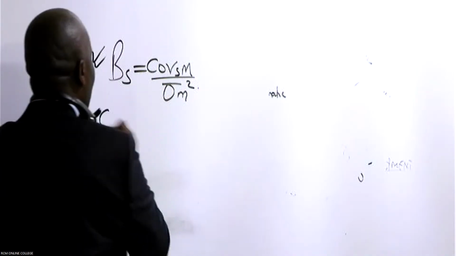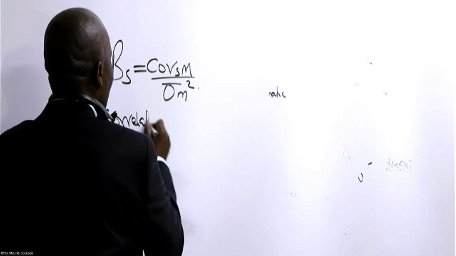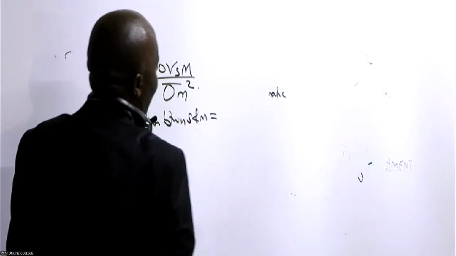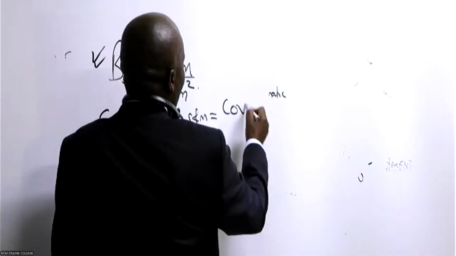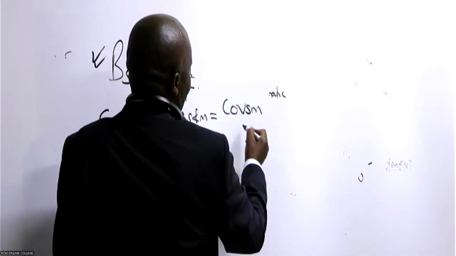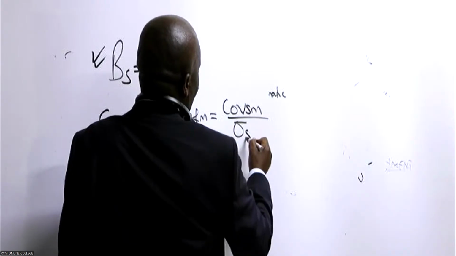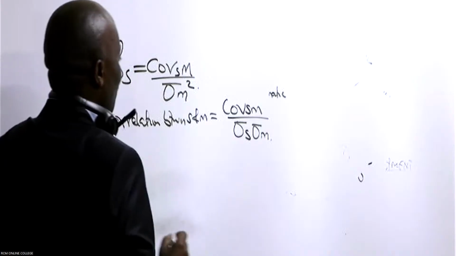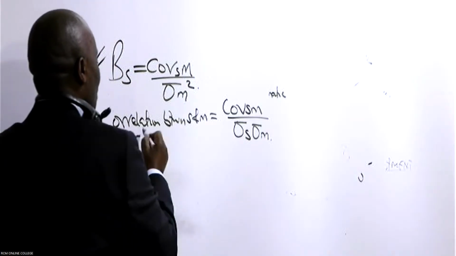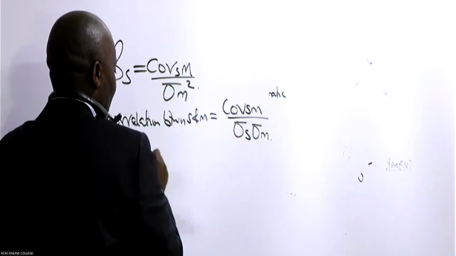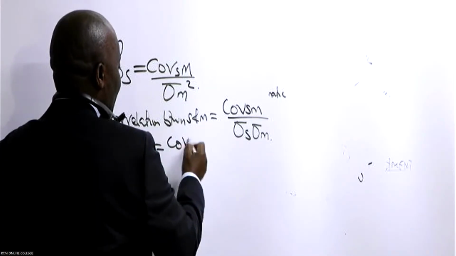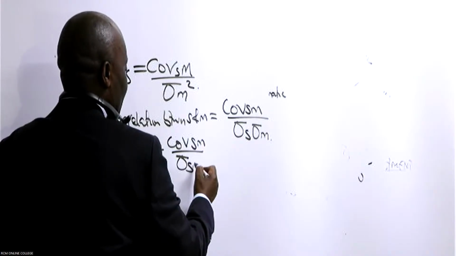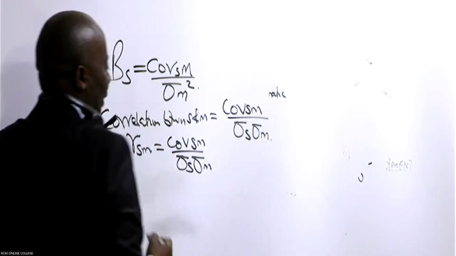If they want us to give them the correlation between S and M, we shall take covariance between S and M divided by the standard deviation of S times the standard deviation of M. So please write it like that. Correlation will be abbreviated as rho SM, which is covariance SM divided by standard deviation of S times standard deviation of M.